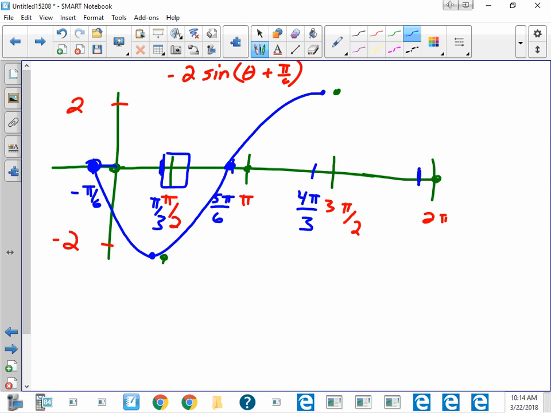I'm going to be 1/6 to the left of it, which is 11 pi over 6. So this would be 11 pi over 6. Okay, so that one doesn't hit the origin, so it doesn't hit those other 4.